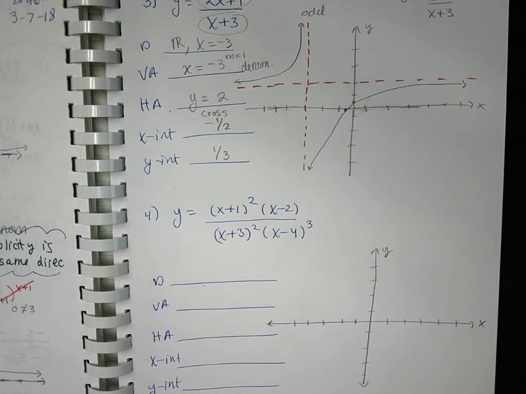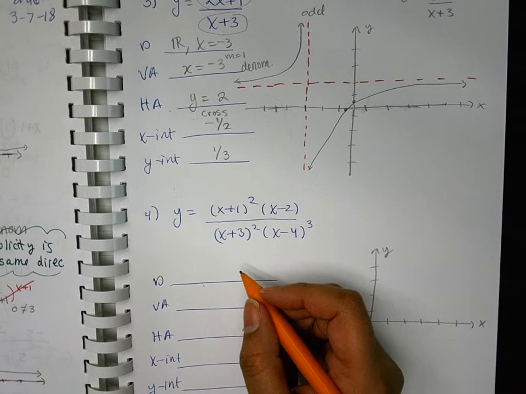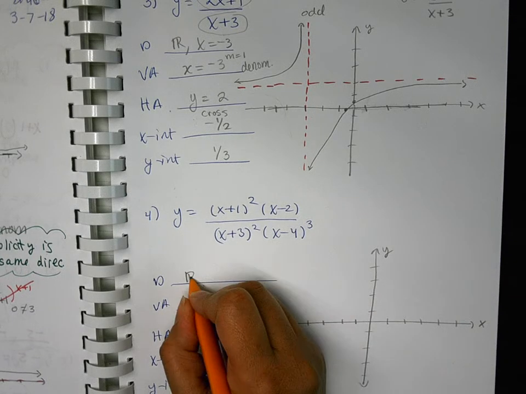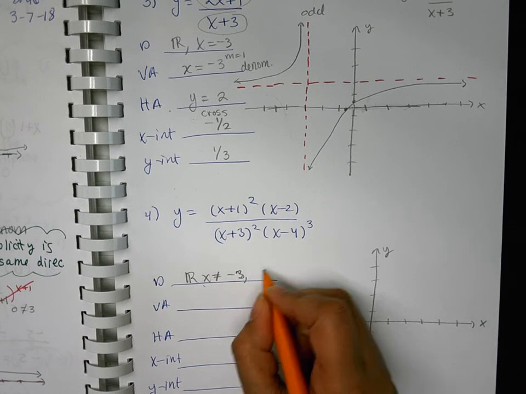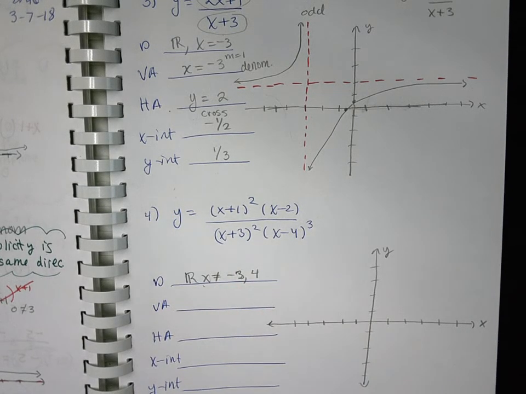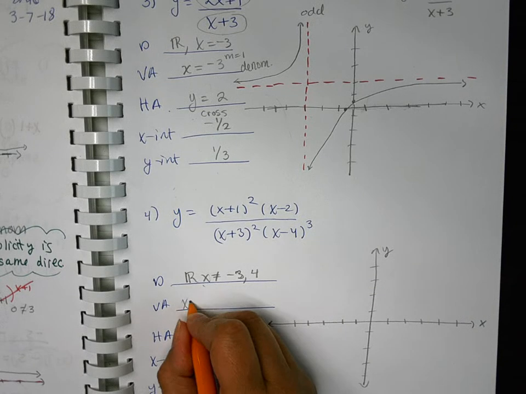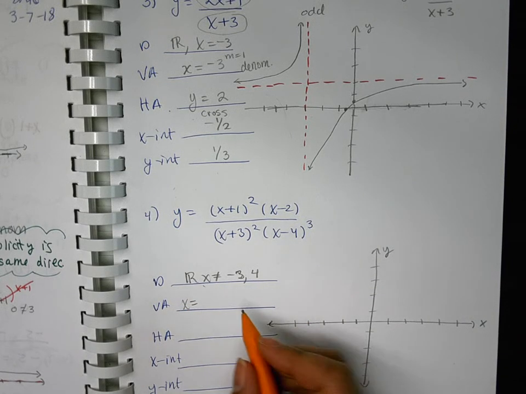All right, what's your domain? All reals, x cannot equal -3 or +4. Any reducing? I forgot to ask that first. No. Okay, vertical, x equals -3.